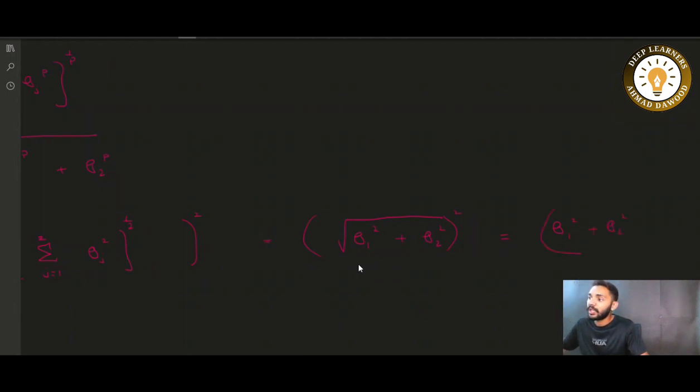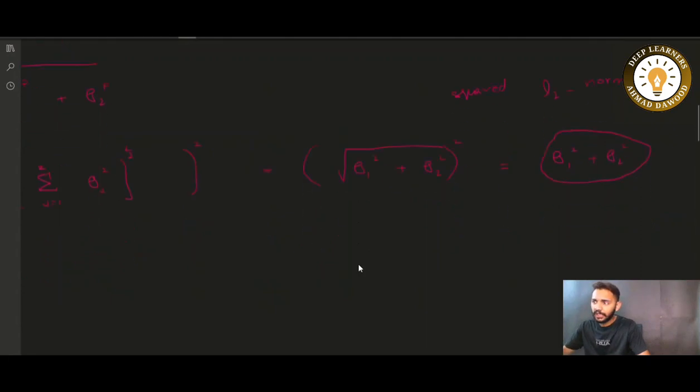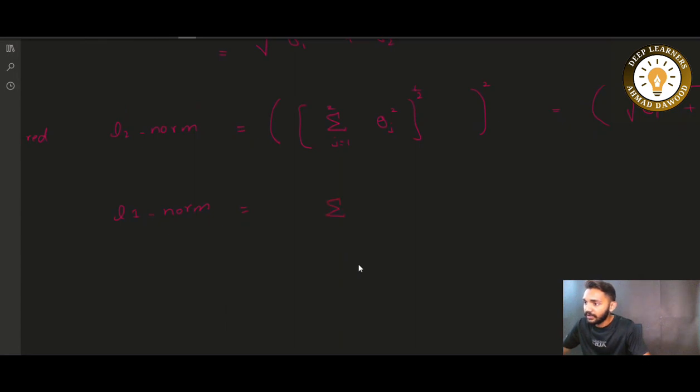We usually call this the squared L2 norm, and sometimes we use this as a penalty. Sometimes, in the case of L1 norm, we have sigma j from 1 to 2 of absolute theta j. Here we have just the absolute value, and because the power is just 1, we have no power on the parameters.